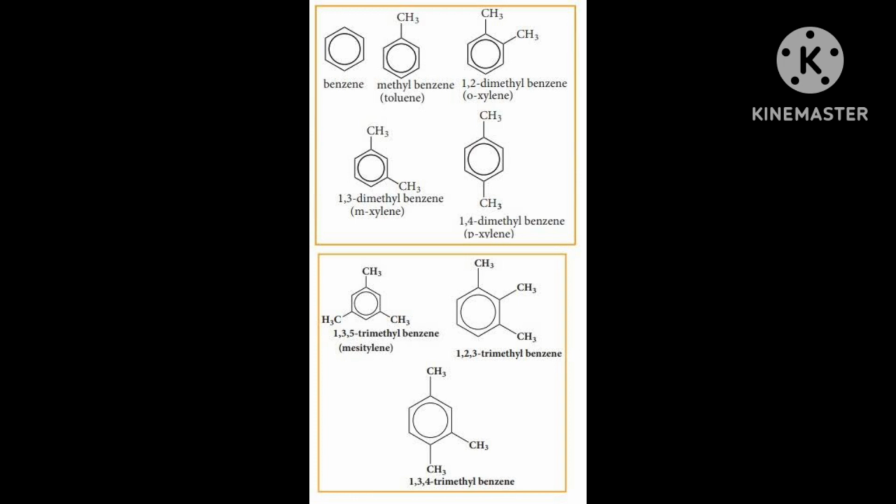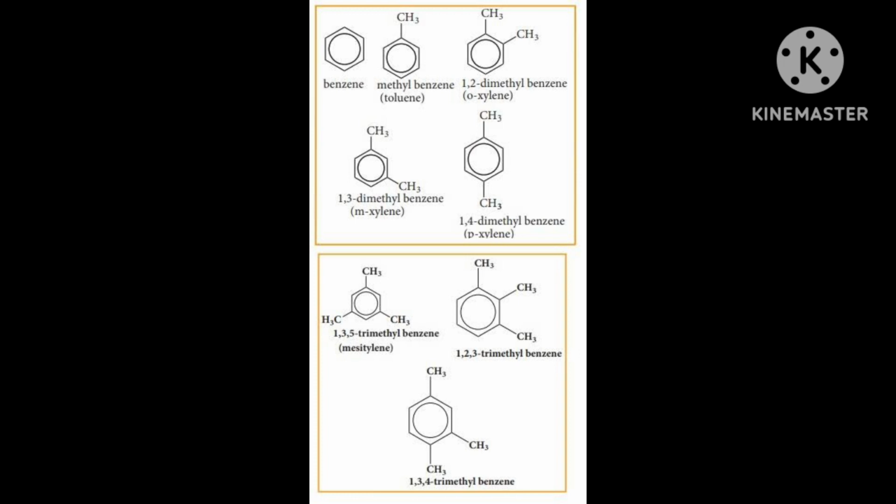Then the question is this, orthoethyl anisole. Anisole is the parent. Here ortho position means next to OMe. Next to OMe, that is the ethyl group. You should write it because that OMe group is the parent, the next will be the ortho. After that meta, and after that para.